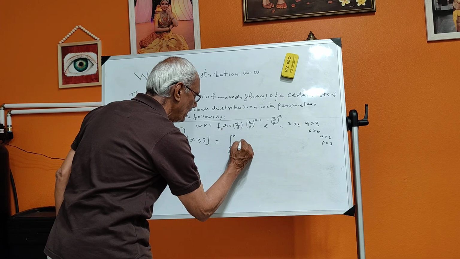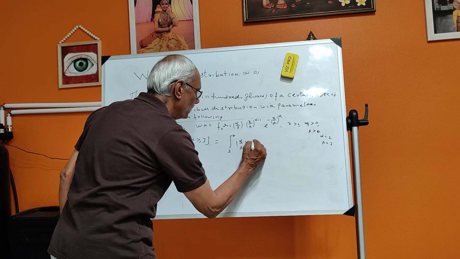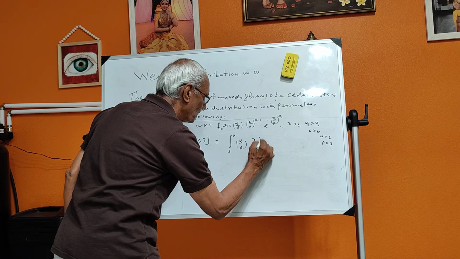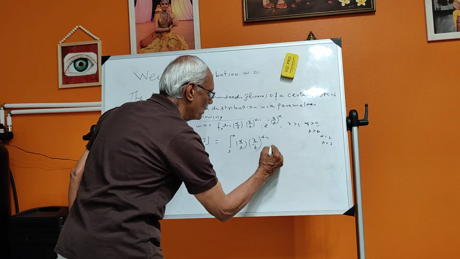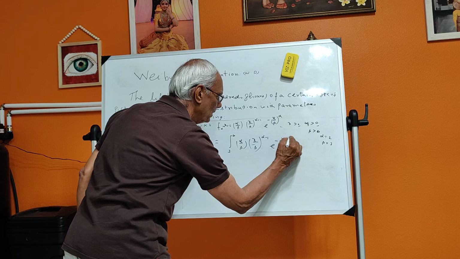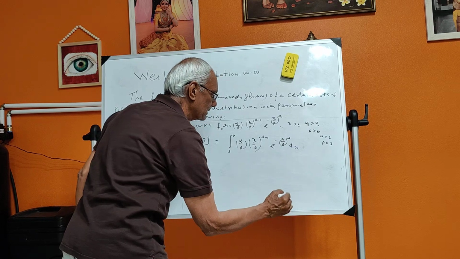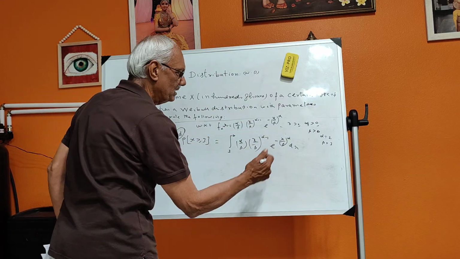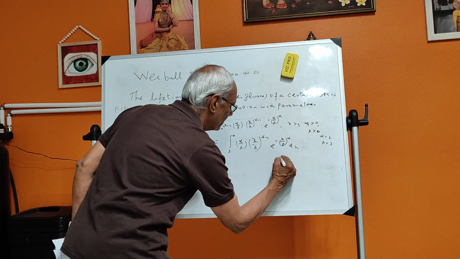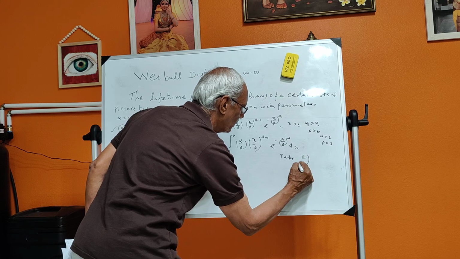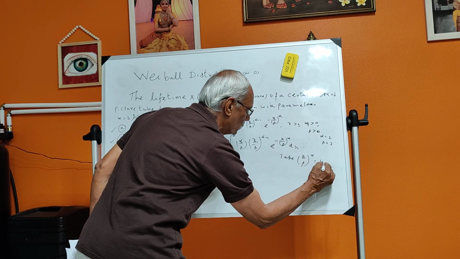It is again alpha by beta into x by beta to the power of alpha minus 1 into e to the power of minus x by beta to the power of alpha into dx. So here again I told you that you use the same substitution: take x by beta to the power of alpha as your u.